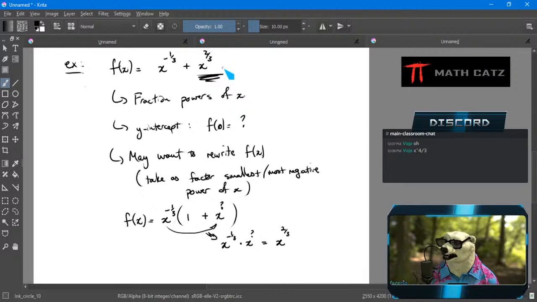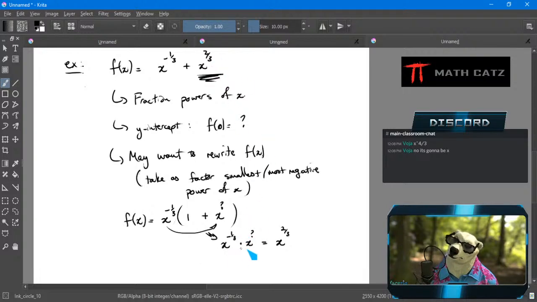My original function cannot change. I just want to write it in this way because, trust me, it will help me moving forward. There is no doubt. It's going to be nicer. But that means I have to understand this. I have to know what is this new power of x that's inside the bracket, because it's going to have to be multiplied by the outside guy, which in this case is x to the negative 1/3, and it'll then have to result in x to the 2/3.